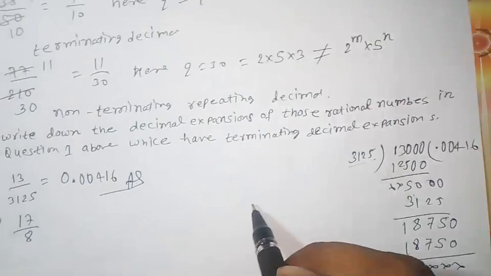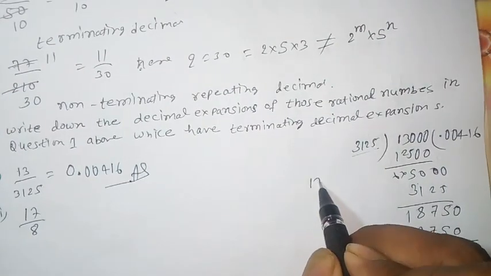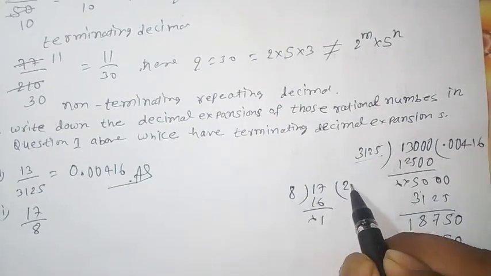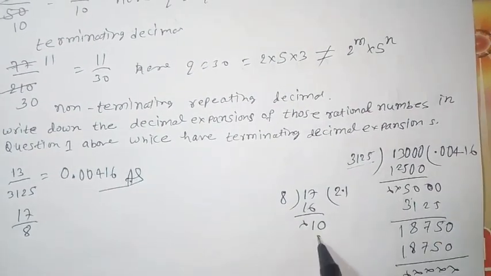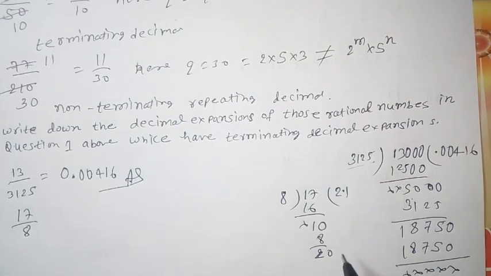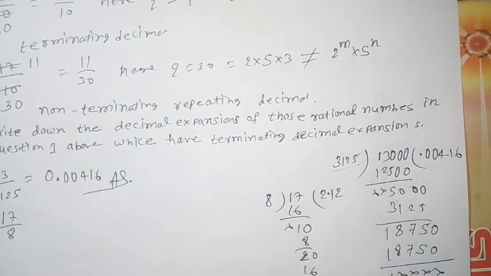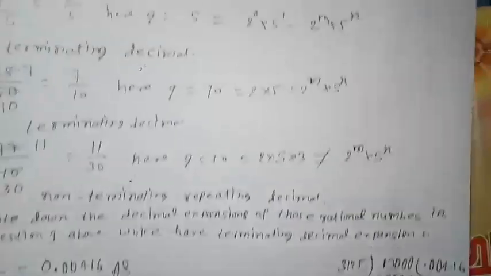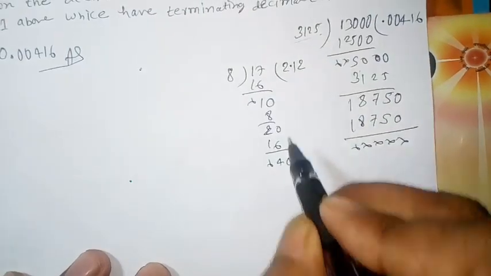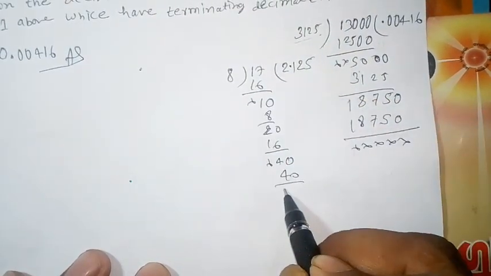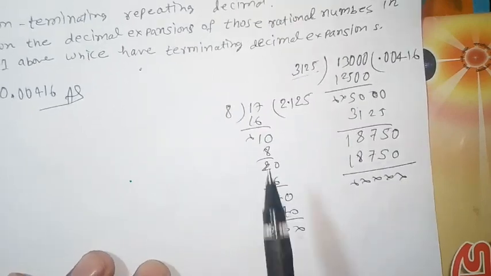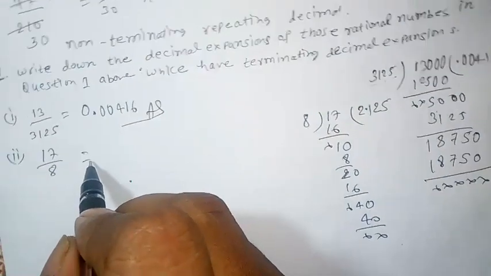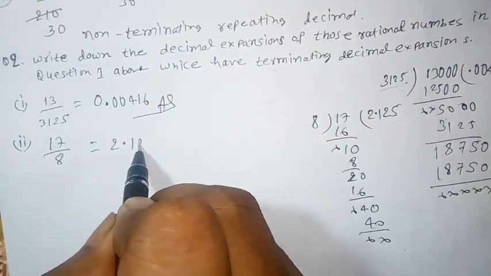Now I divide 17 by 8, 2 times 16, 1, decimal 0, 8 times 1 is 8, 2 decimal, 8 twos are 16, 4, 40. Now I am getting remainder 0. So here 2.125. The decimal expression is 2.125, answer.